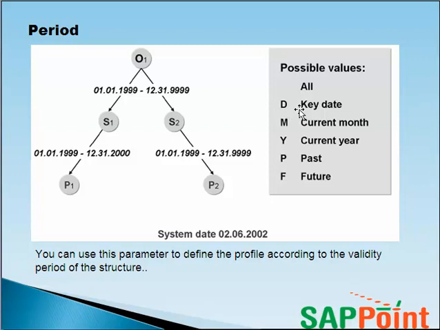Now if you define a structural authorization like this for a manager, the manager is authorized to access data on all persons who are currently in his or her group. And if you don't make any entry in that period field, there is no restriction by validity period of the structure.